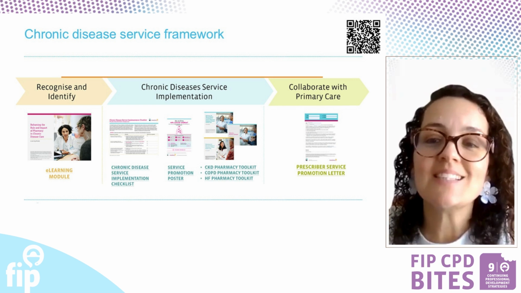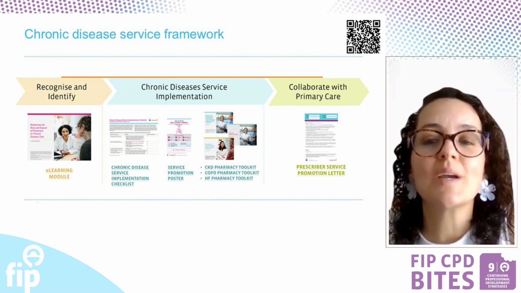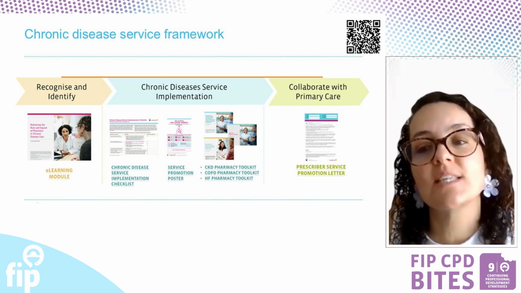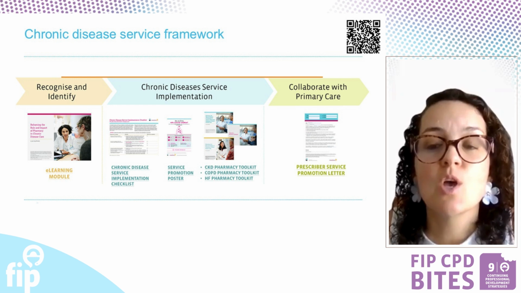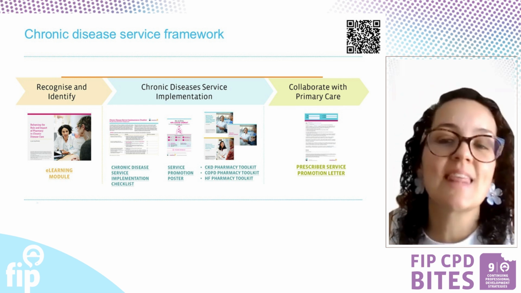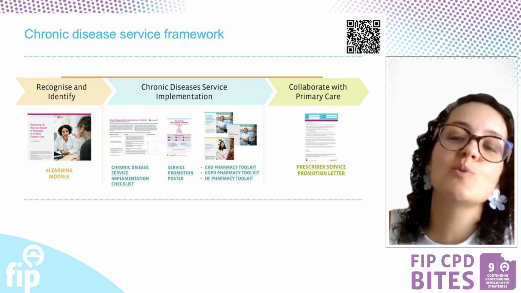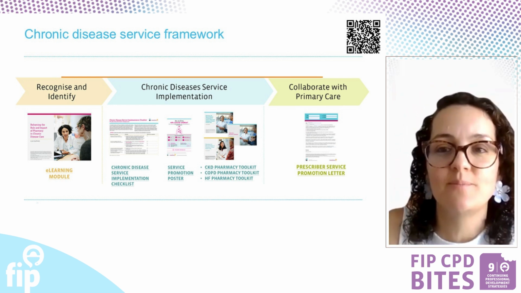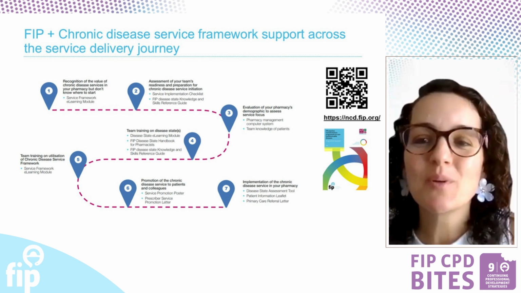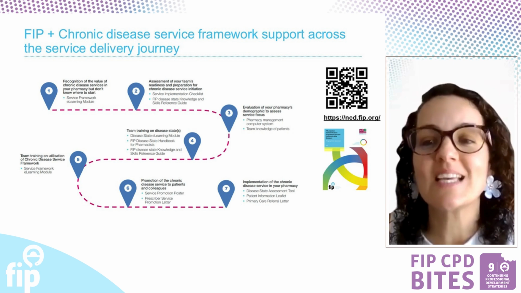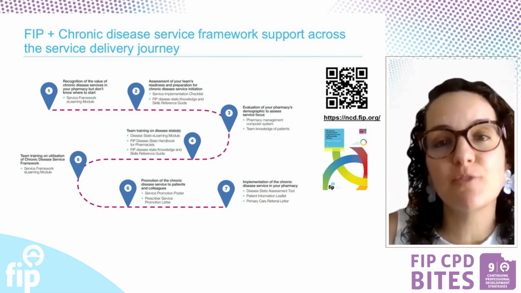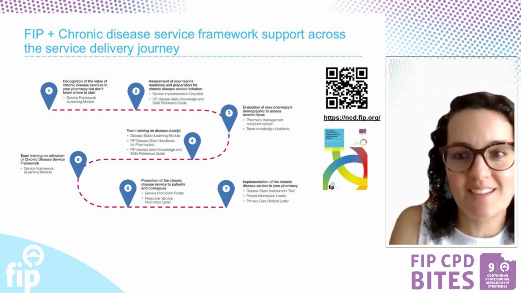In summary, this framework will help you to recognize and identify patients at risk of chronic diseases or with chronic disease symptoms, to start a conversation and take action, and also to collaborate with primary care. By combining FIP resources with the Chronic Disease Services Framework, community pharmacists can be better supported in delivering effective chronic disease care.